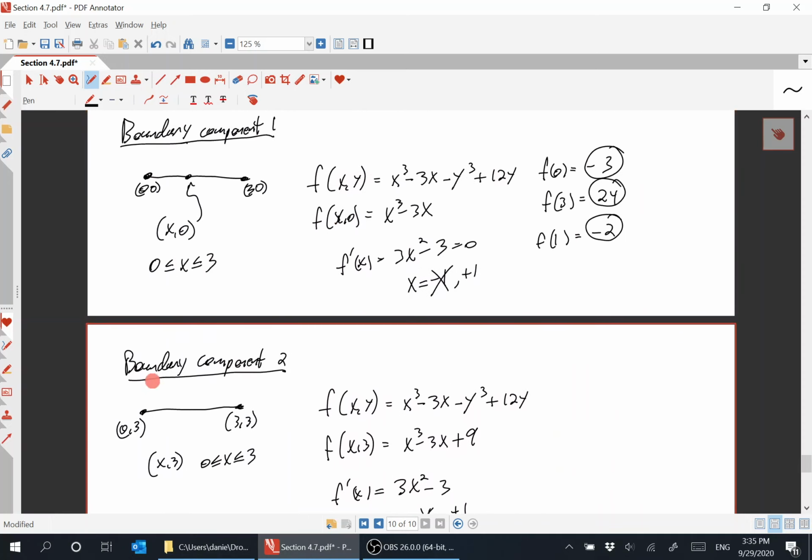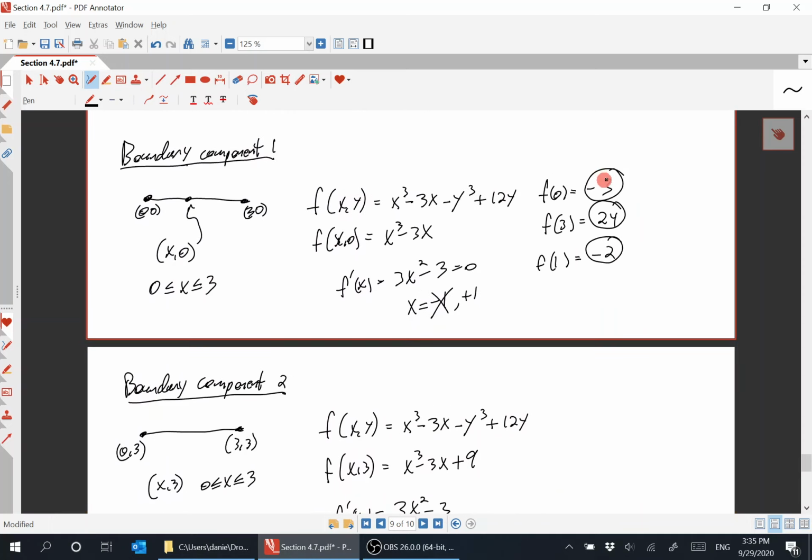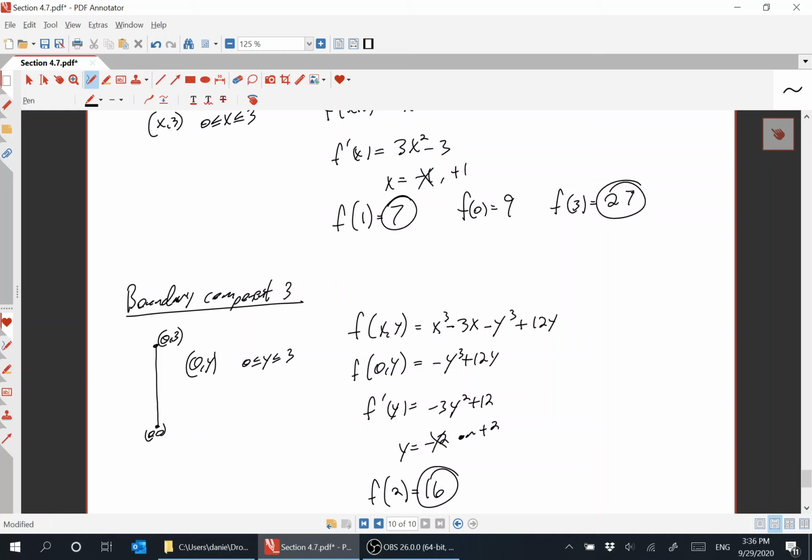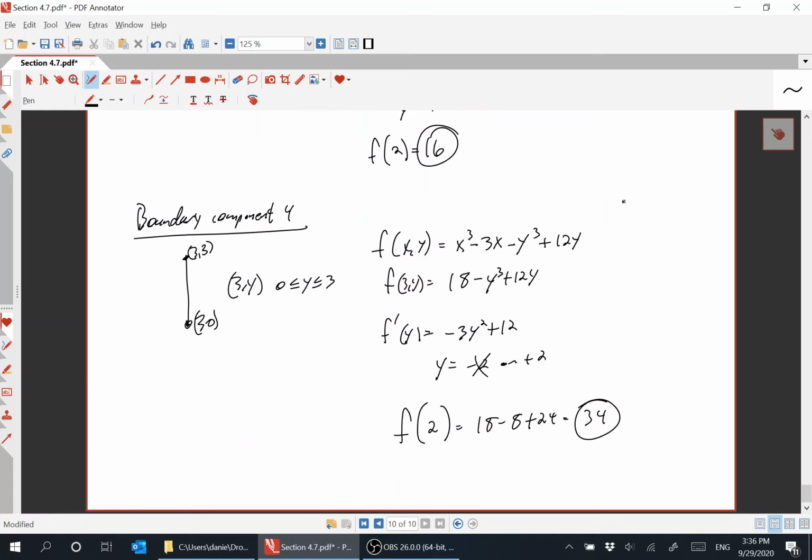So what's our max value? Well, our min value here is negative 3. And our max value, I guess, is 24? No, 27. Max value 27. No, 34.